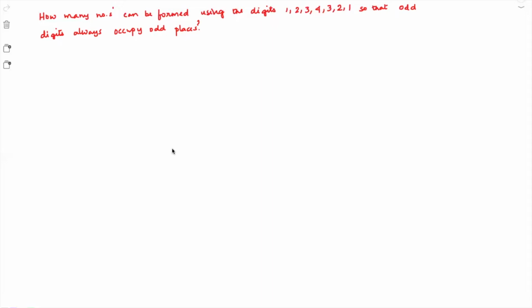Now, if you look at it, there are 4 odd digits. There are 2 1s and 2 3s. So there are 4 odd digits. And in those 4 odd digits, there is a repetition of 2 1s and 2 3s.